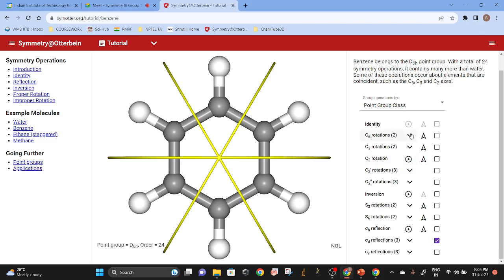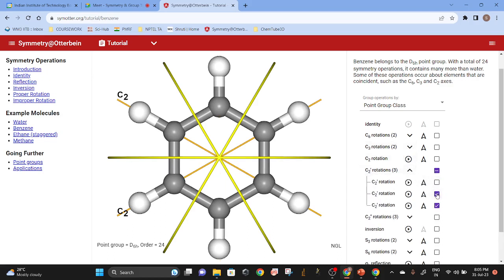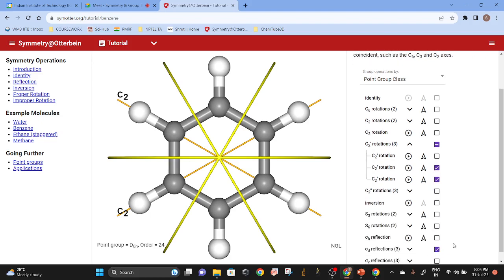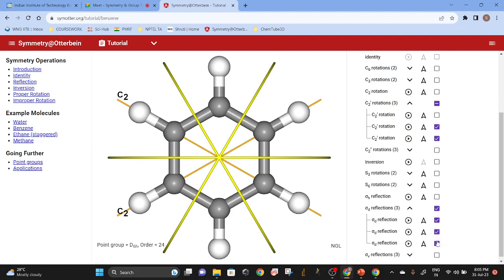Now let me show you the C2 axes. Now this is what I want you to understand: why it is a sigma D and not sigma V, and how it is different from the sigma V. You have two C2 axes like this.